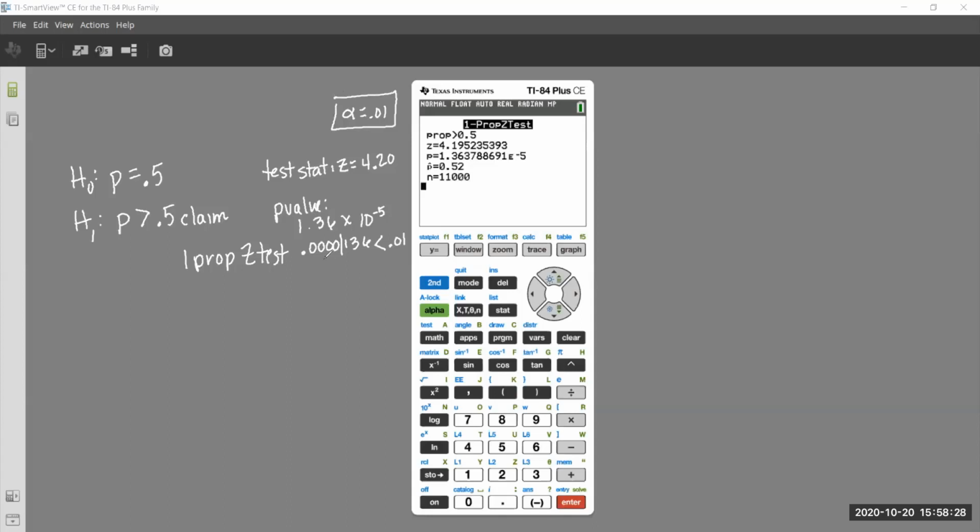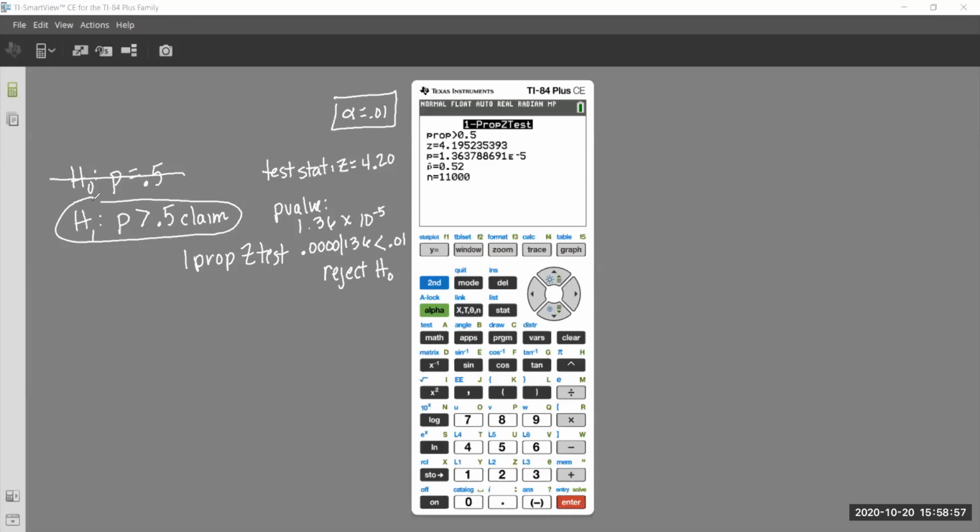So because the p-value is less than alpha, we're going to reject H0. Reject it. Throw it out. Which means we're going with our claim. It does look like the proportion of car crashes within 5 miles of home is significantly higher than 0.5. Now we need to write our conclusion.